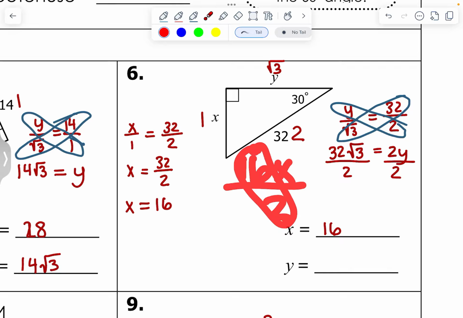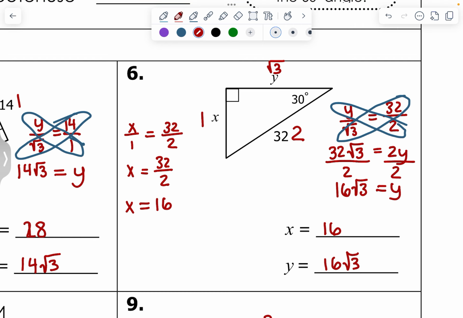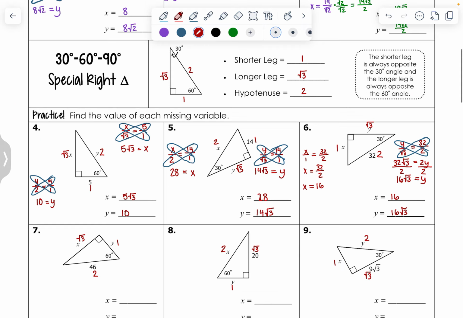You just divide these numbers and get 8x. And so 32 radical 3 divided by 2, we're just going to divide these numbers and get 16 radical 3. And so y equals 16 radical 3. All right, we have 3 more problems to go.